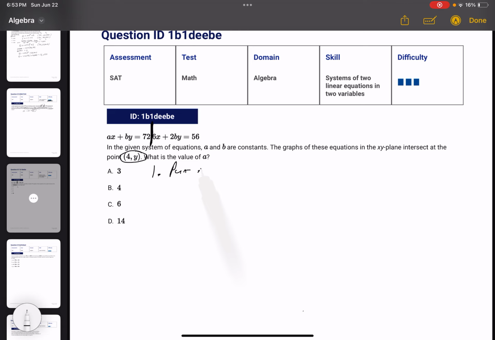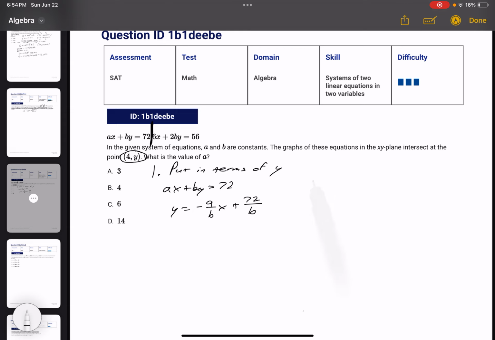Put in terms of y. And we're going to do that with this one. ax plus by is equal to 72. So we have y is equal to negative a over b x plus 72 over b. That's our first one.